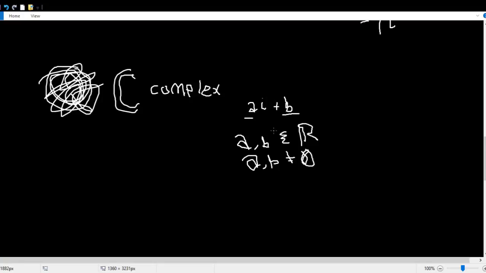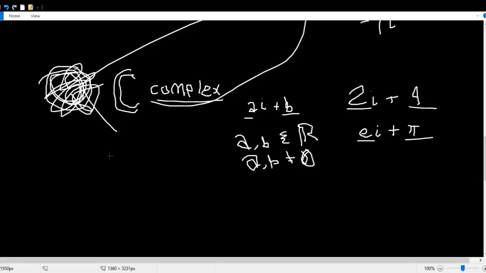But anything where they are real, this complex value applies. So you can have things like 2i plus 4, or maybe e times i plus pi. Don't get tripped up, because these are both complex values.